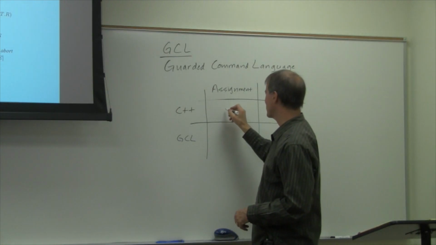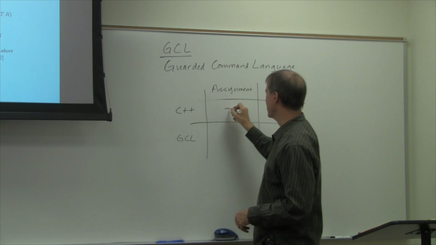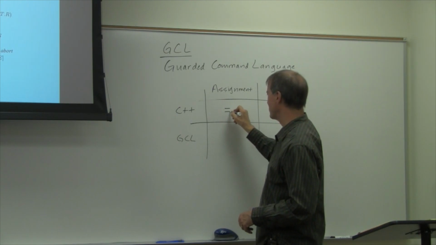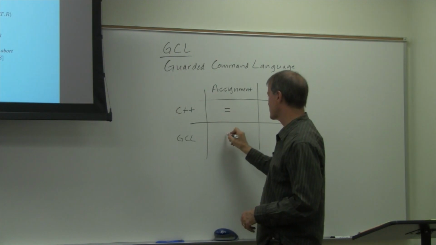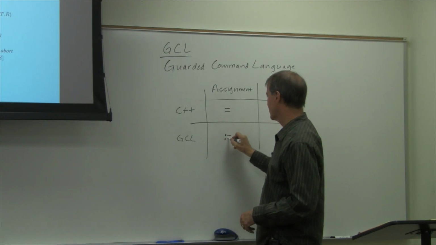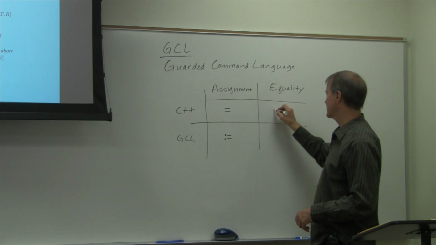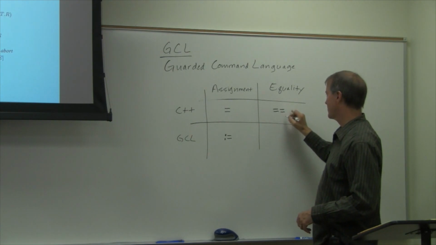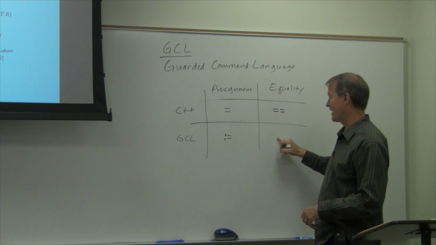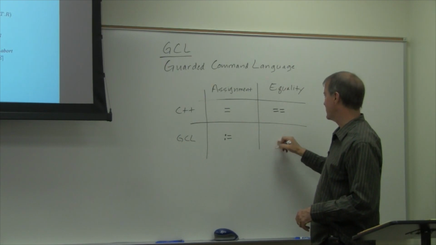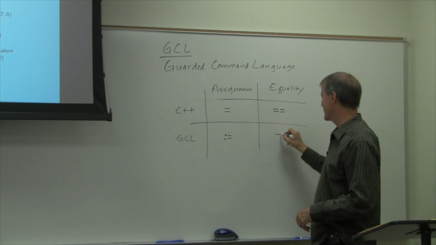Okay, maybe formal methods. All right. So assignment in C++ is this symbol. Assignment in GCL is what? Colon equals. Equality in C++ is equals equals. And equality in GCL is equals.